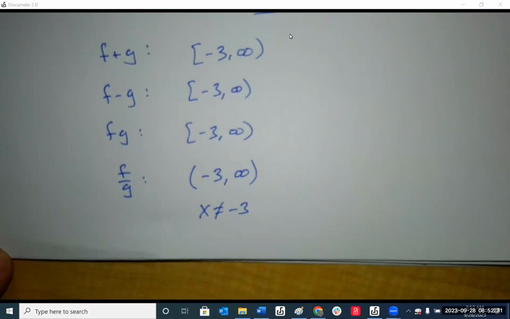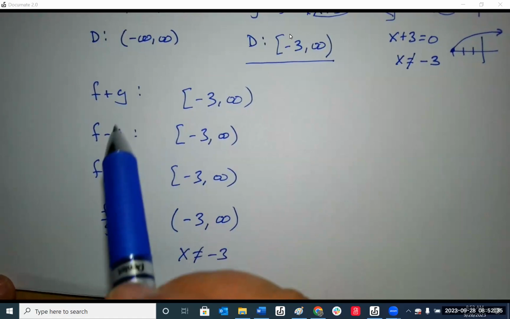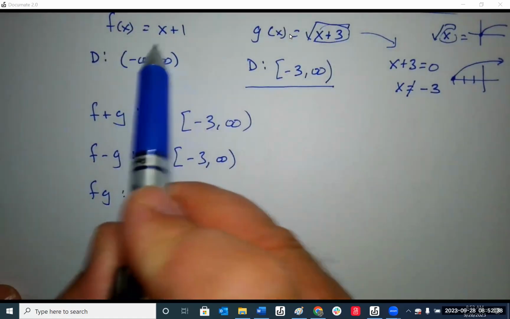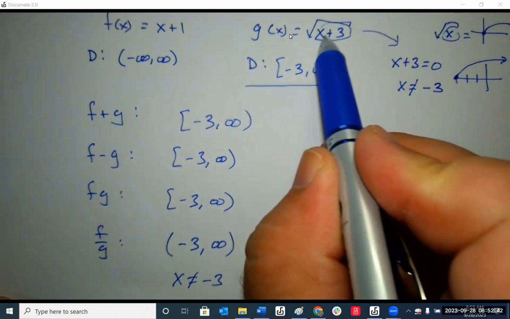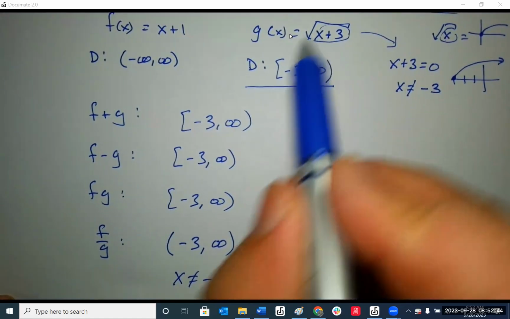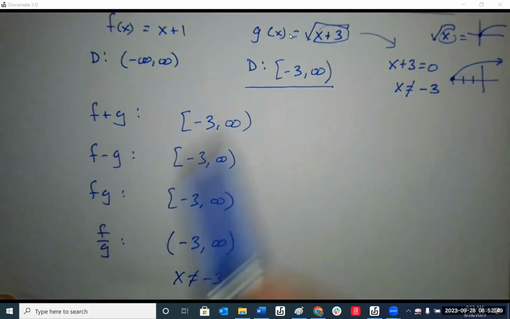Yes. Because for these, it wouldn't matter. If I'm adding two numbers, there's no violation. But the smallest I could put inside this equation here is -3. So the smallest x I can use for any of these combinations is -3.